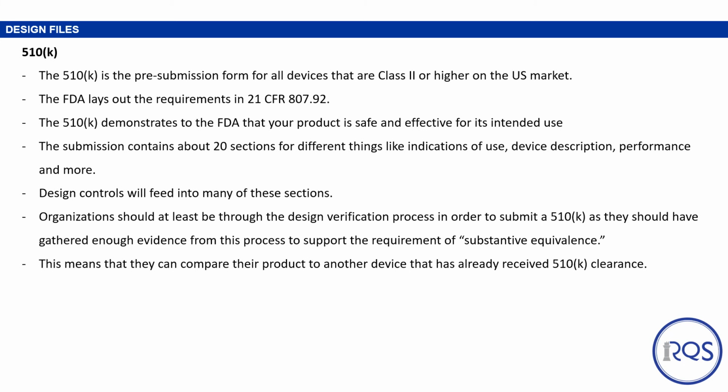Design controls will feed into many of these sections. Organizations should be at least through design verification in order to submit a 510(k). This is how they will establish equivalence. This means that they can compare their product to another product on the market that has already received 510(k) clearance.